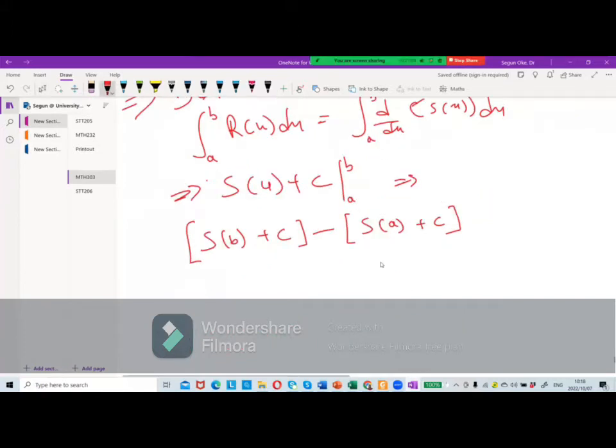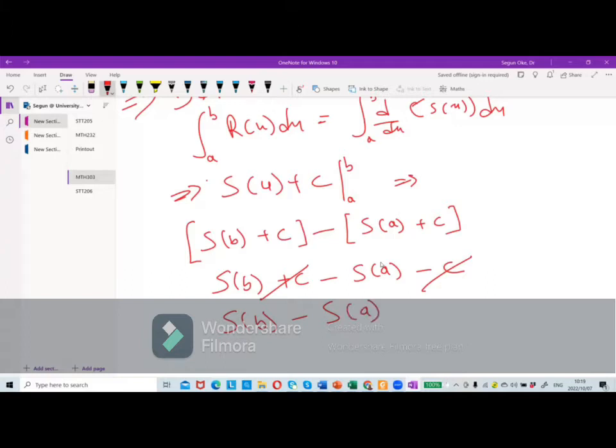You can open the bracket: s of b plus c minus s of a minus c. The constants cancel, so you have s of b minus s of a. That is what it simply means to have a definite integral.